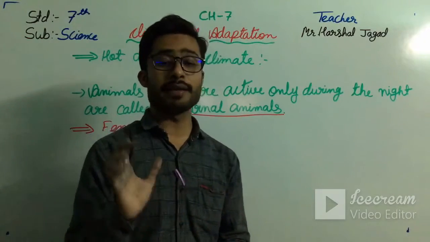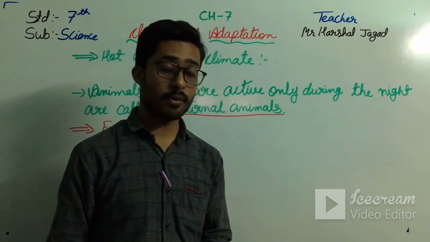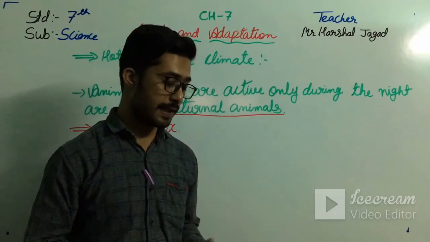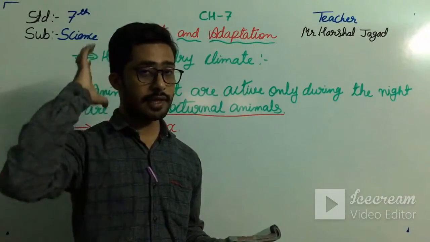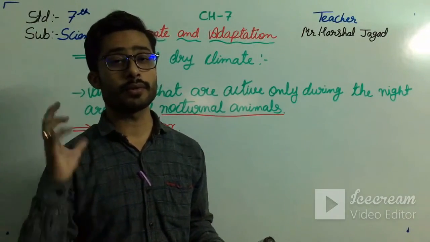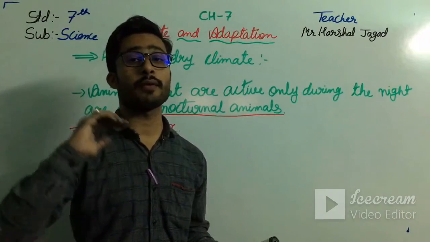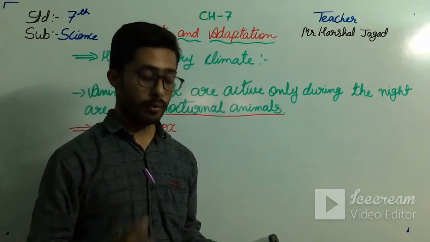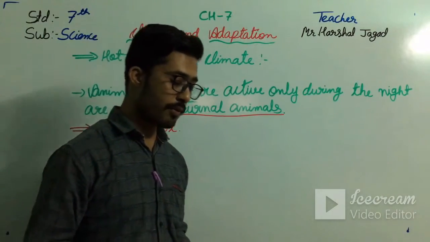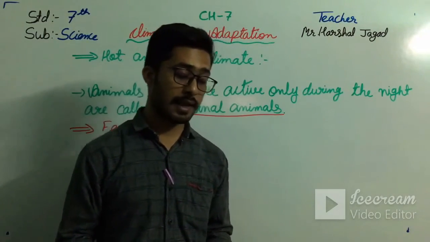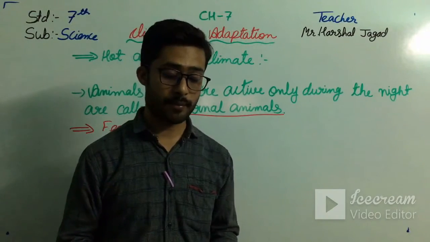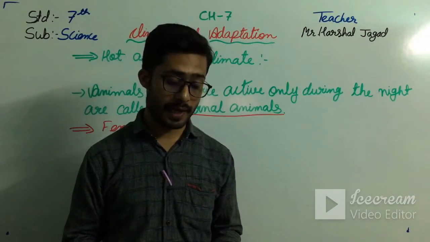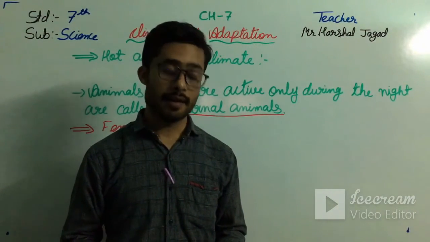You can see a picture of the fennec fox on the right hand side. Due to the large ears, the body temperature will not rise and the animal stays cool.